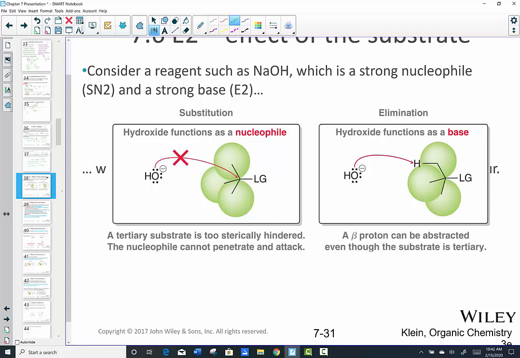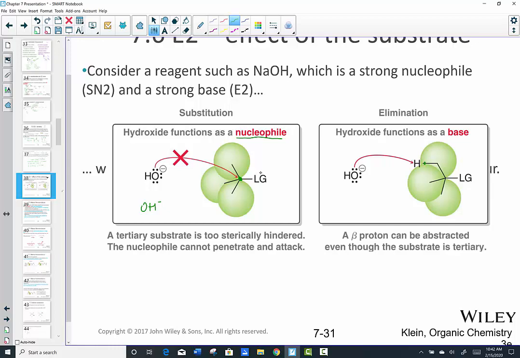The hydroxide, OH negative, can be a nucleophile if it's seeking an electrophilic carbon. Then the word for it is a nucleophile. Hydroxide can function as a base if it's going for the beta hydrogen so that we have a proton transfer.